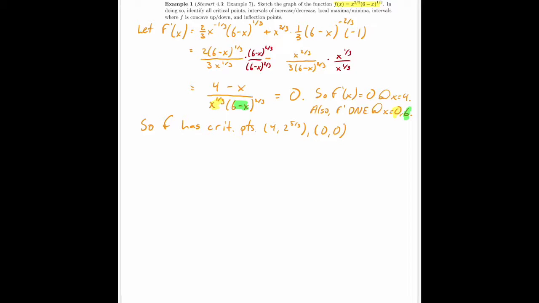Note that if you plug 0 into f, you get 0 times 6 to the 1/3, that's 0. And then you also have the point 6, 0, because if you plug 6 into f, you get 6 to the 2/3 times 0. So we took care of the critical points.